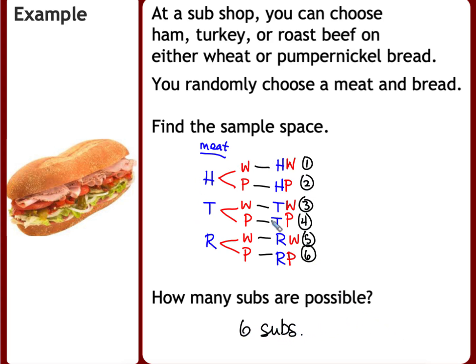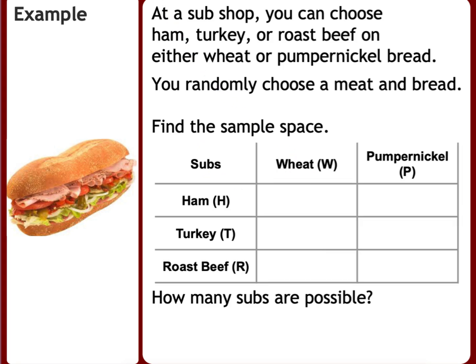So that's building a tree, and trees work nicely when there's not a lot of individual items, and it also works well if there's 3 or more events. So let's look at a table and how that would work. For a table, you'd set up your meats as the rows and your bread as the columns. So if you had 2 things, make one the rows, one the columns, and then go ahead and fill in the table.